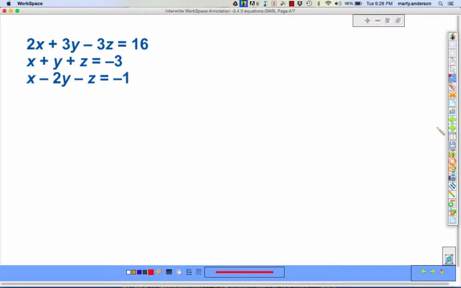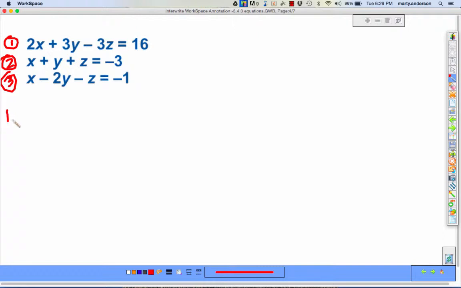Okay, so here's our first example, and we do have a couple of steps that go along with this. The first thing I like to do is name this equation number 1, equation number 2, and equation number 3. Because the first step is going to be combining any two of them to eliminate one variable.